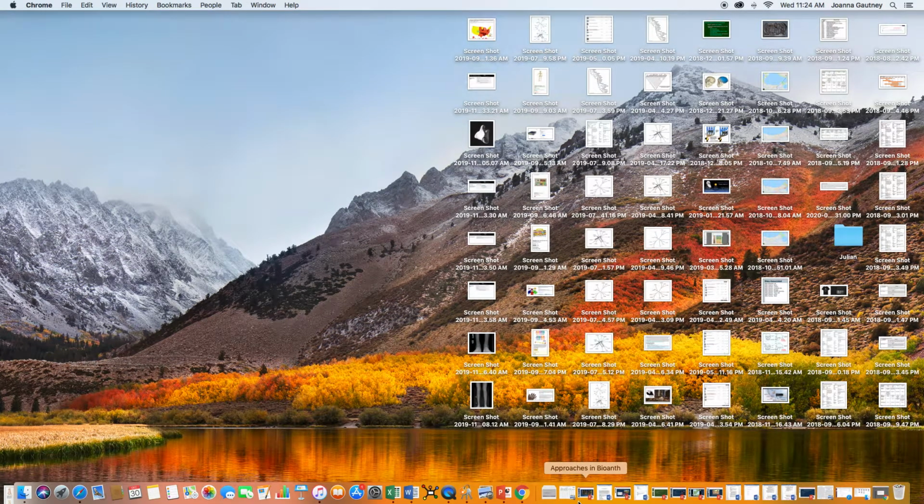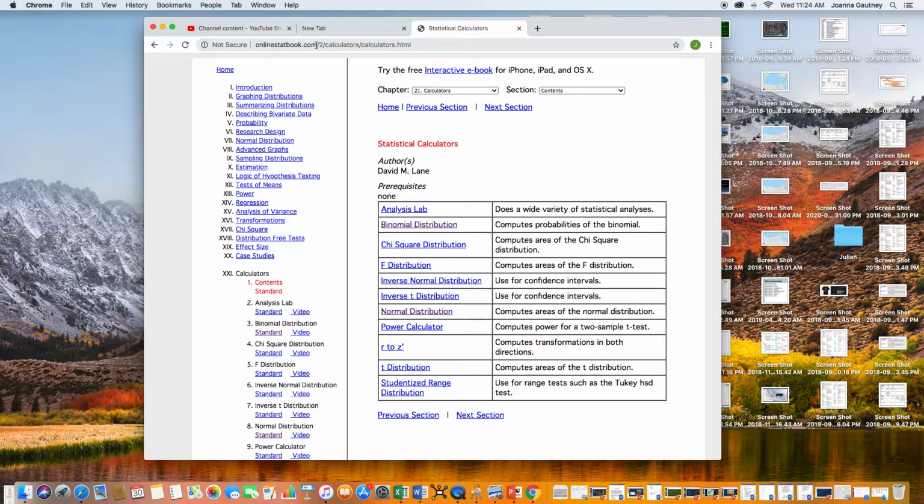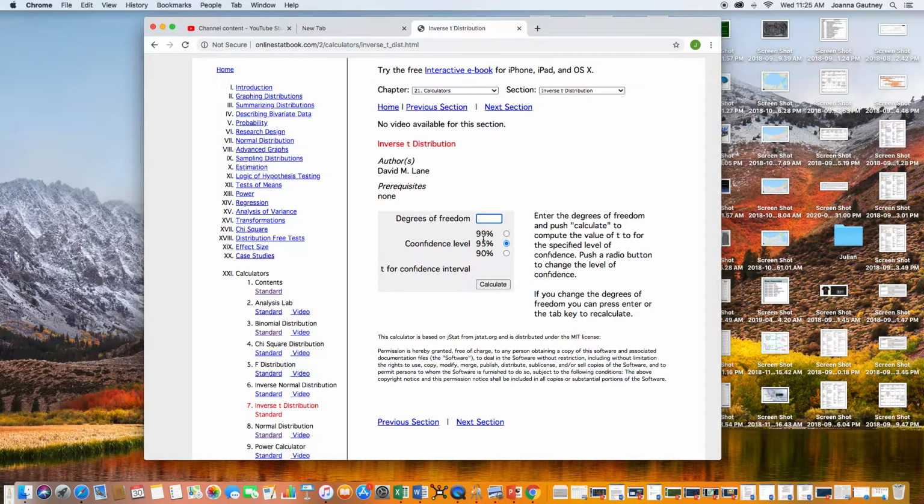Okay, so I'm going to go to the online calculator, and if we go to the online stats book, as you see it right here, and I click on calculators, the contents, I have the inverse t-distribution, and I also have the t-distribution. Okay, the inverse t-distribution is used for confidence intervals, so I'm going to use that. Okay, and I want a 95% confidence interval, so technically I can have any confidence I want.